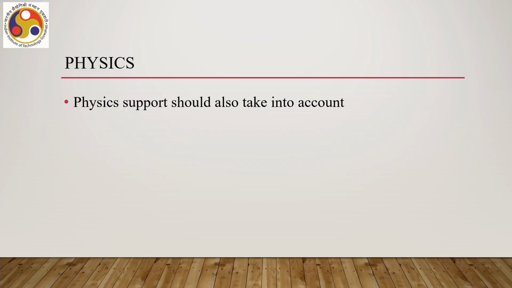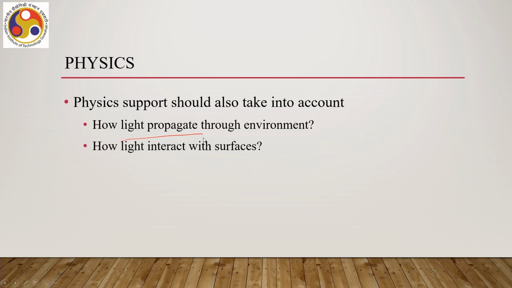The physics support should also take into account other aspects of our physical world, such as how light propagates through the environment, how light interacts with different surfaces, what kind of effects they generate, and what the sources of light are.